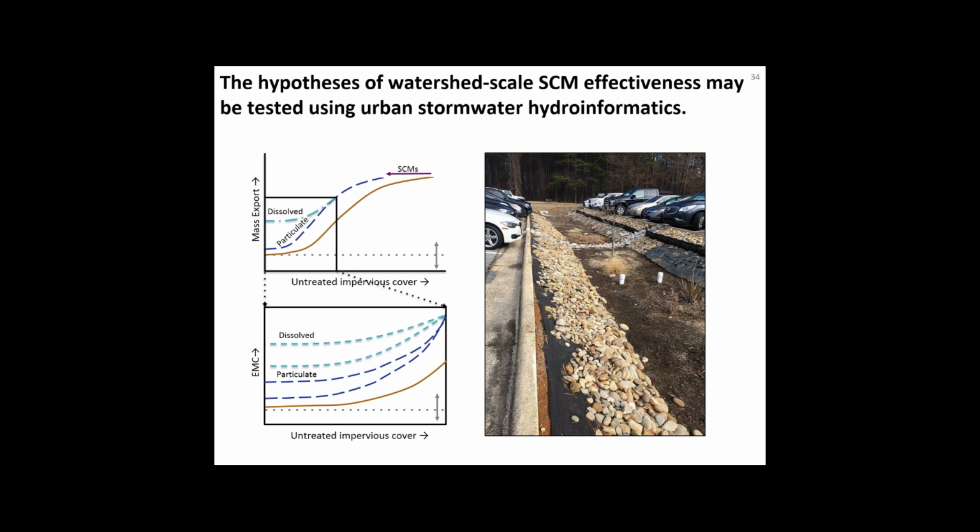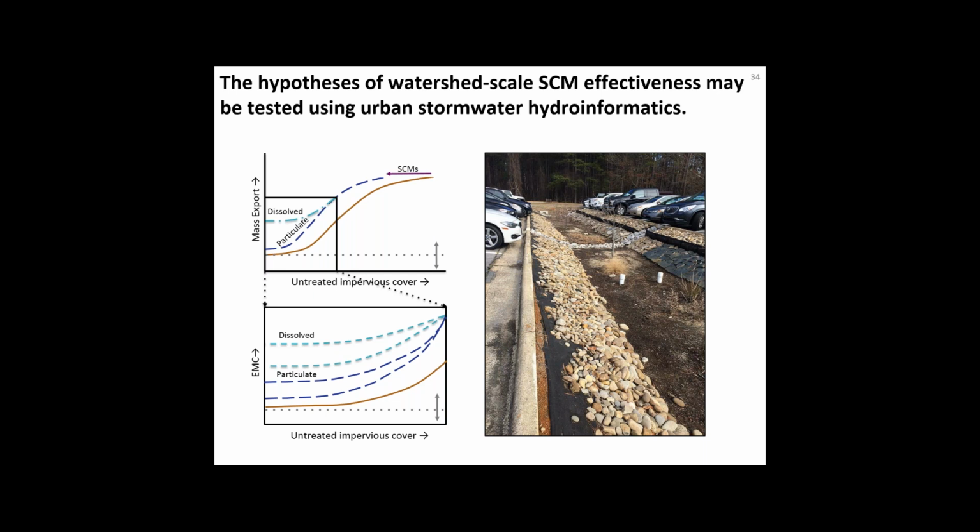And the types of study designs that might be well suited for this type of analysis are things where you would measure the same metric across watersheds with different types of stormwater control measures, or watersheds in different environments that have the same type of stormwater control measure.